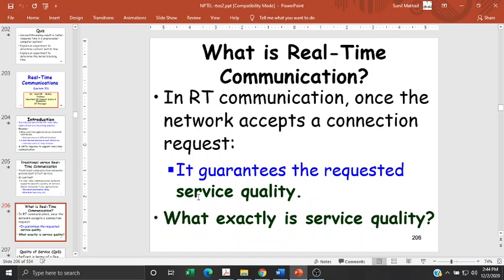So once you are agreeing to real-time communications, you have to comply with that. Whatever service quality is promised, maximum bandwidth, minimum permissible delay, whatever we have discussed, there are certain parameters with which the quality of service agreement is prepared, and both parties have agreed upon that.